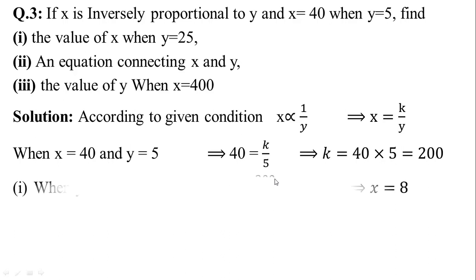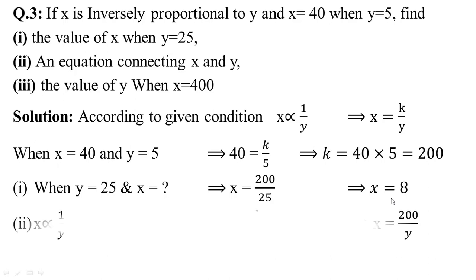Now, in the first part, when y is equal to 25, find the value of x. So x is equal to 200 upon 25. 200 divided by 25 is equal to 8. This implies that x is equal to 8. Now, in the second part, write the connecting equation: x is inversely proportional to y.